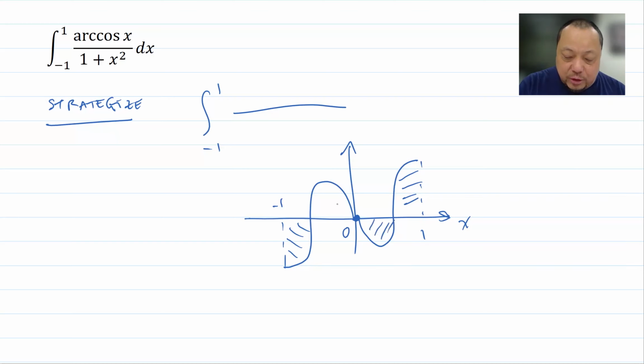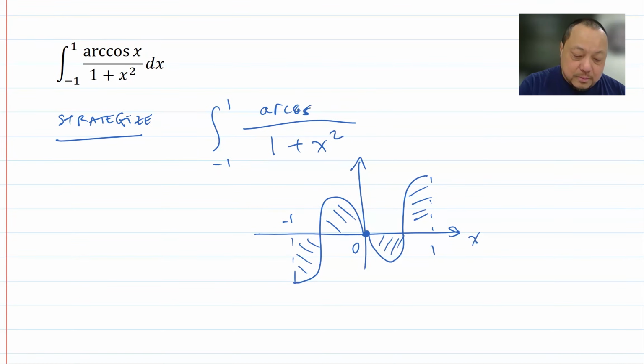Anything that's negative on one side will be canceling out with the symmetric positive on the other side, so the whole thing is equal to 0. So you're going to look at this function, and you see that the denominator is even. So if the numerator is odd, then the whole thing is odd. Well, is the numerator odd?